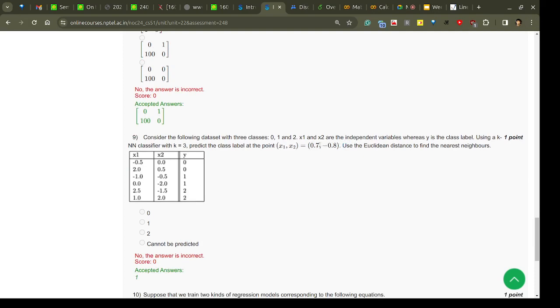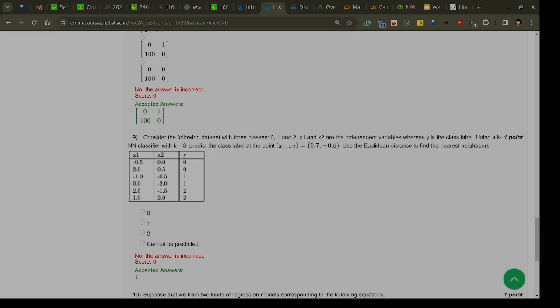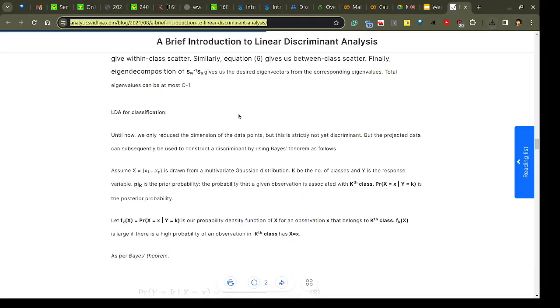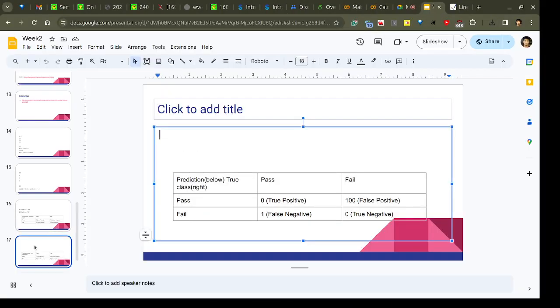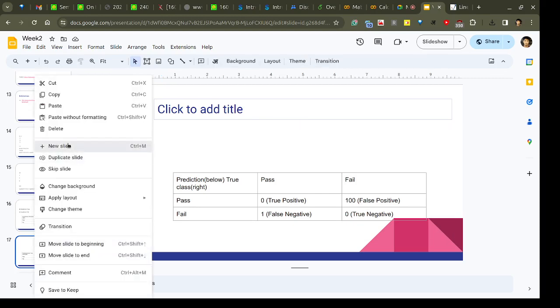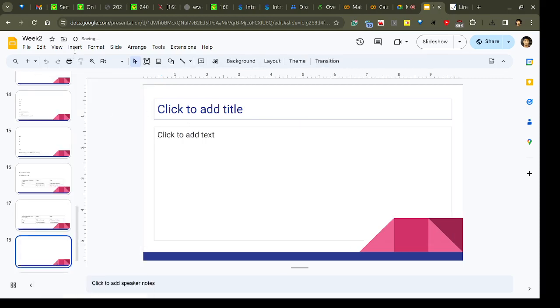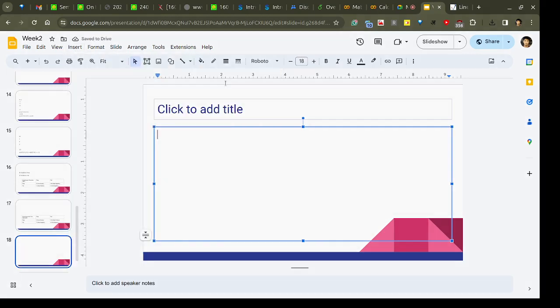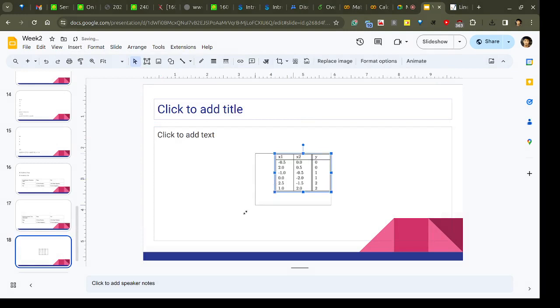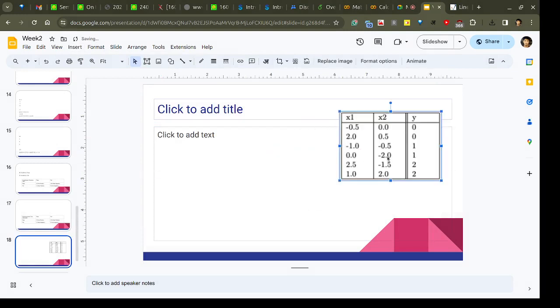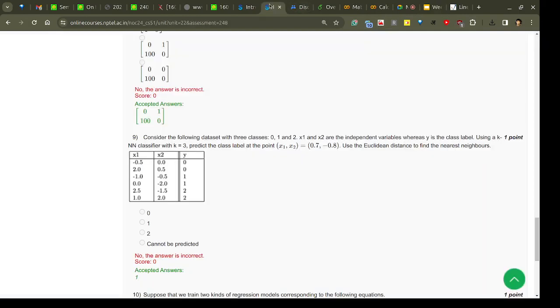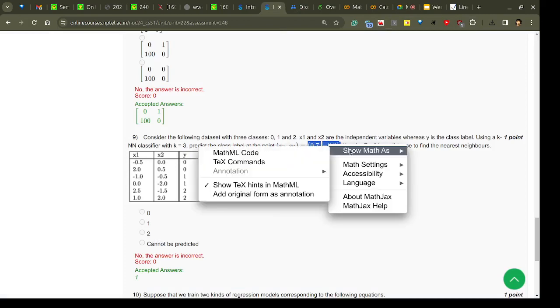We have to find the nearest points. Okay, let's take this image. Our point needed here is 0.7 and minus 0.8.